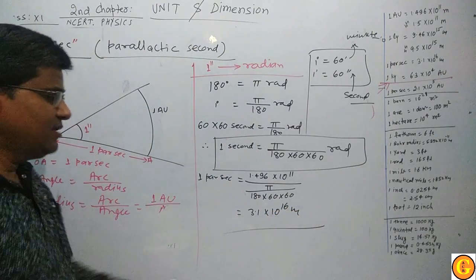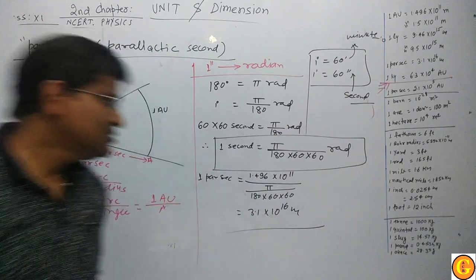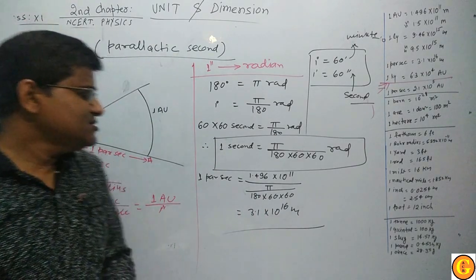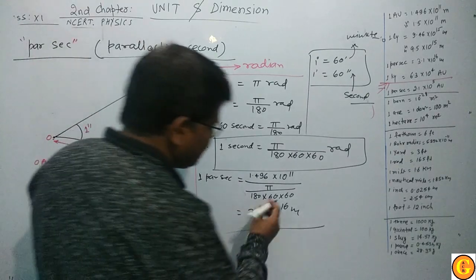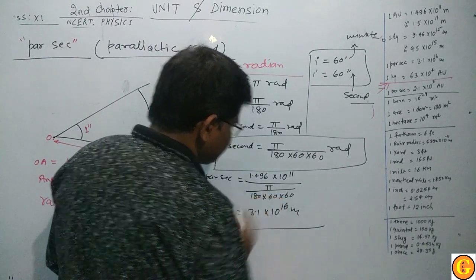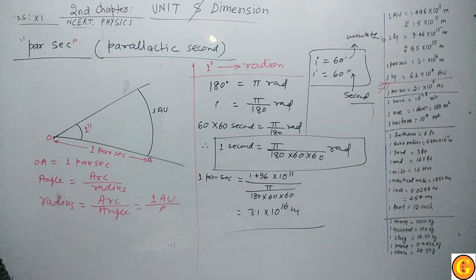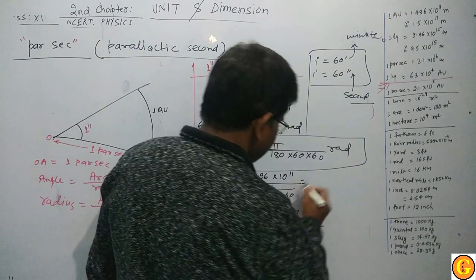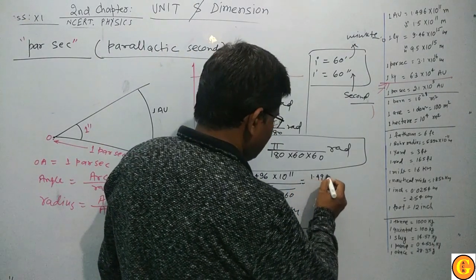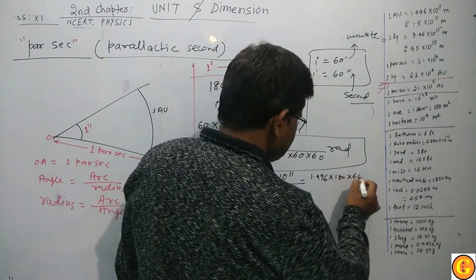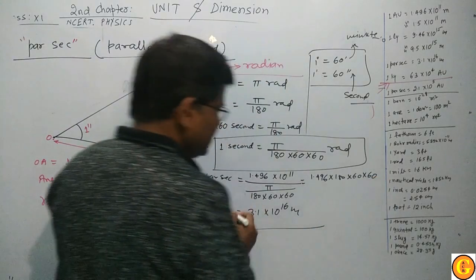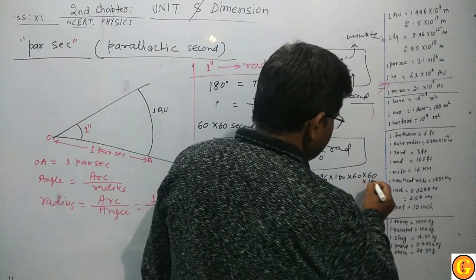You can find the value of these things. This is very simple. You can solve and find the value of 1 parsec. Just like this, take 1.496 into 180 into 60 into 60, by pi, meaning 3.14, into 10 to the power 11.